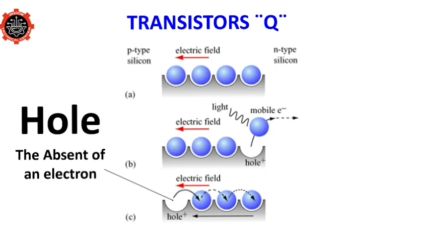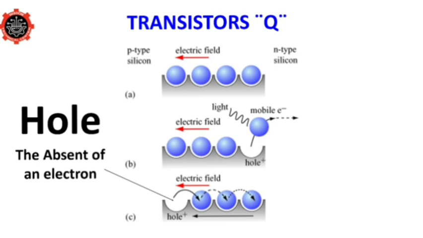A hole is a charged particle. The hole I mean here is the absence of an electron. Now, how do we create an absence of an electron? The absence of an electron is created by the process called doping or ionization.